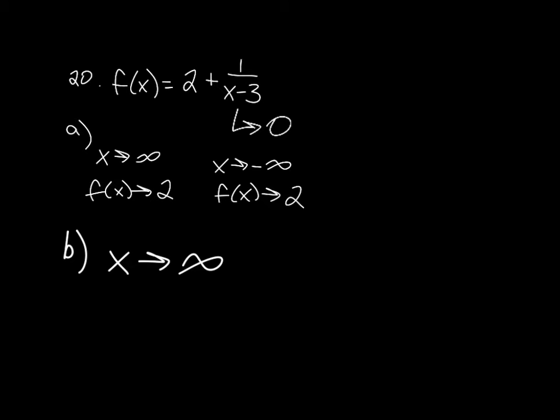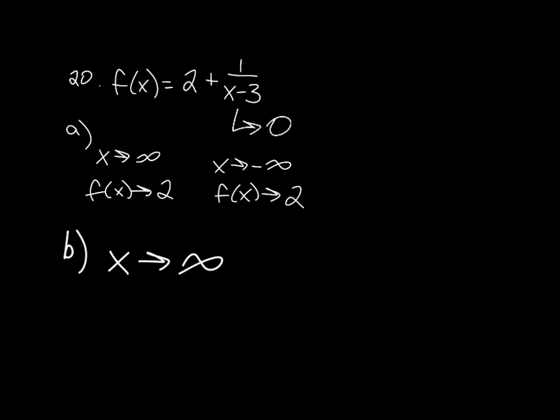We know eventually we'll get to 2, because if this is going to 0, then this value is going to 2. But it actually matters if we're going to positive infinity or negative infinity. Because if we're going to positive infinity here, this value is always just a little bit bigger than 0. So it's always going to be positive. So then our functional value will actually be a little bit bigger than 2 the whole time.